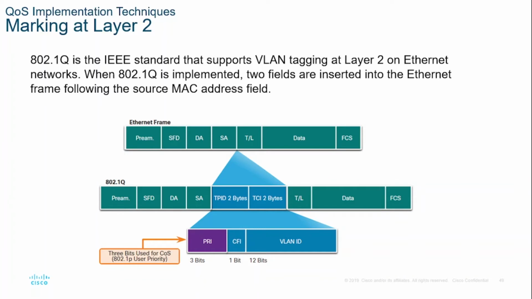This 3-bit field identifies the class of service or COS marking. 3 bits means that a layer 2 Ethernet frame can be marked with one of the 8 levels of priority. That is from value 0 to 7 as displayed in the figure.